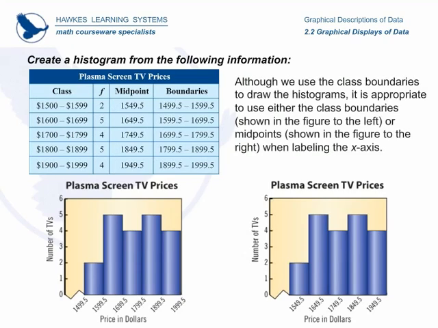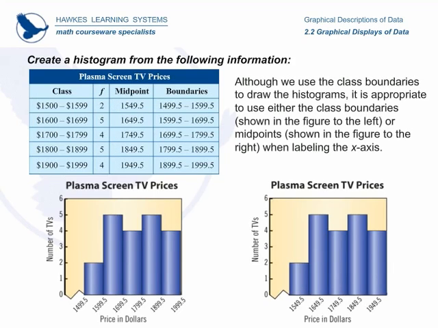Here we can see as we construct the histograms that although we use the class boundaries to draw the histograms, it's appropriate to use either the class boundaries shown in the figure to the left or the midpoints shown in the figure to the right when labeling the x-axis.